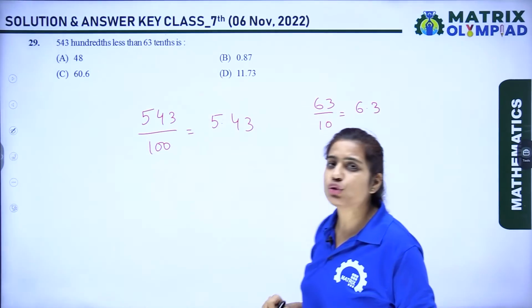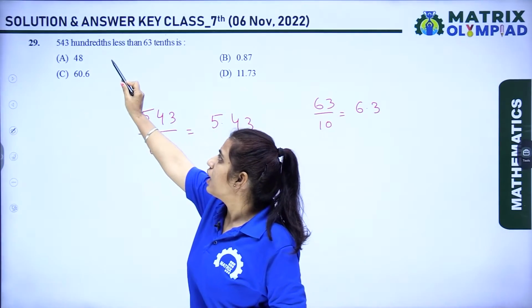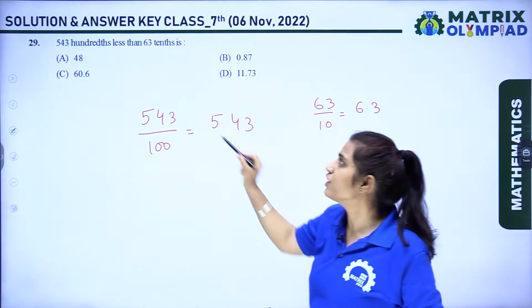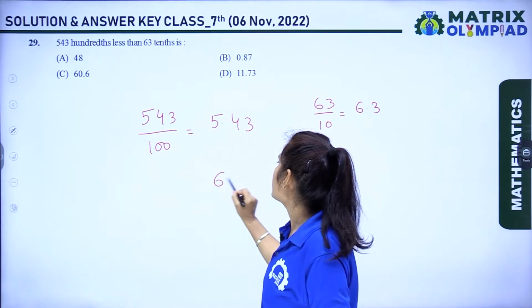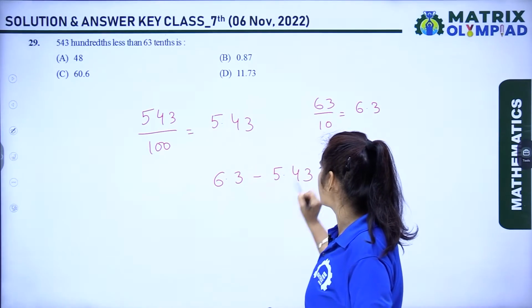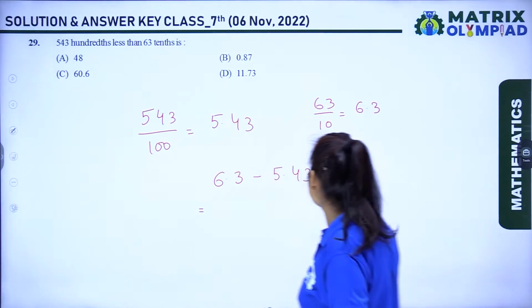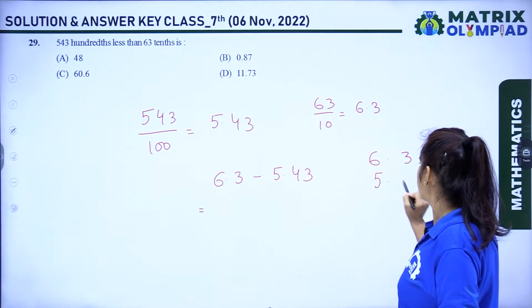Now what we have to do in this: 543 hundredth less than 63 tenth is, we have to find out the difference. Now here 6.3 minus 5.43. We have to calculate it. Let's do the calculation part. 5.4.